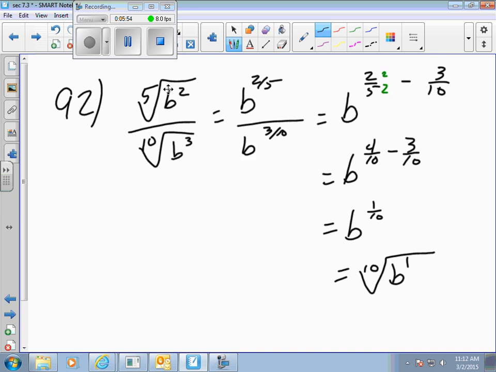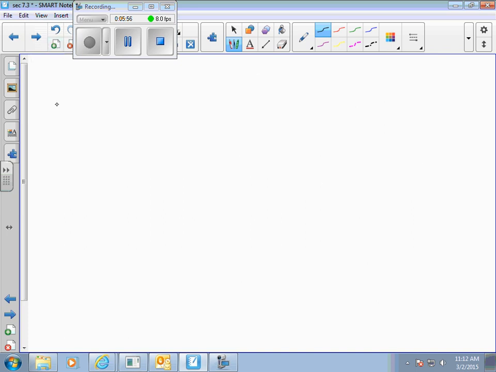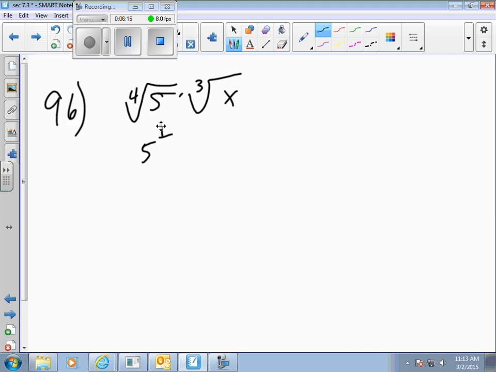Let's now move to question 96. It says the 4th root of 5 and the cube root of x, and we're multiplying these. So I'm going to rewrite it as 5 to the 1/4 power times x to the 1/3 power.